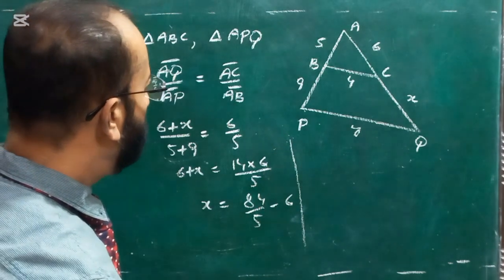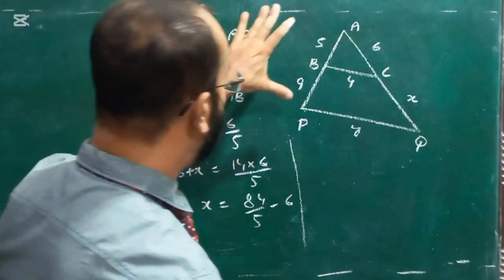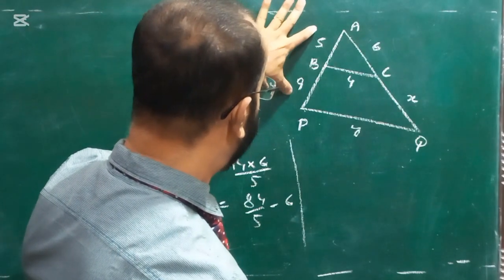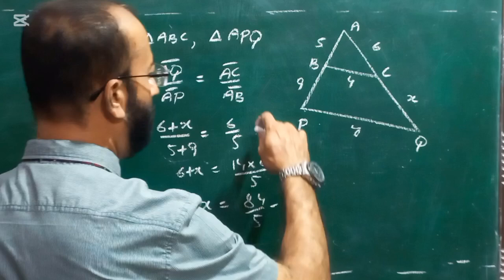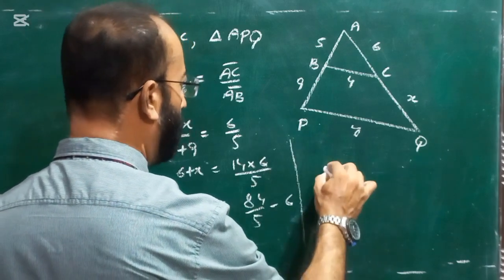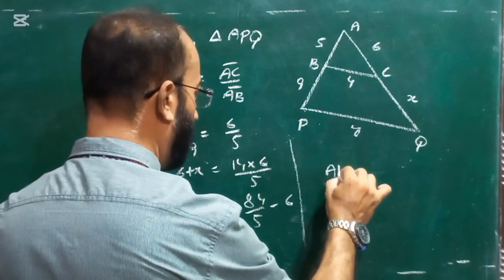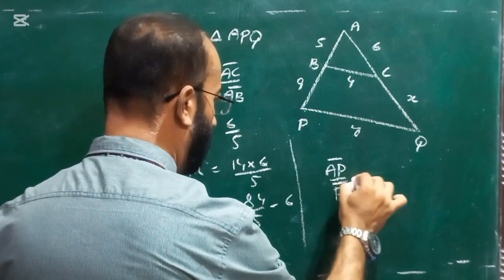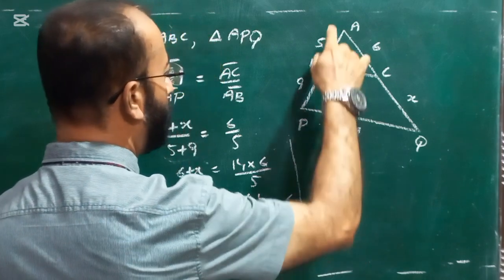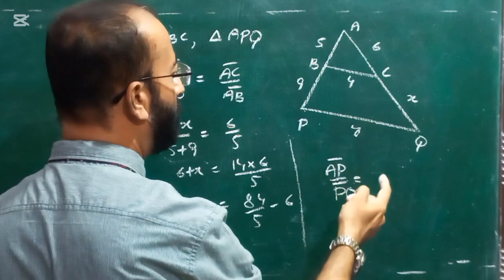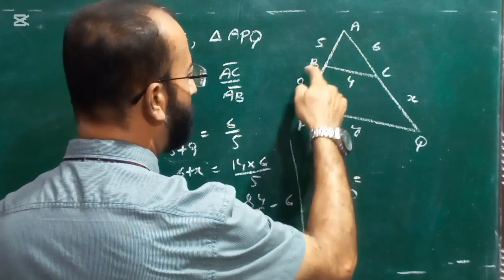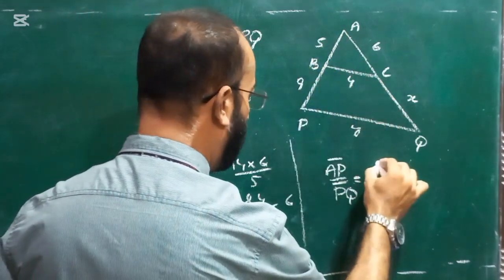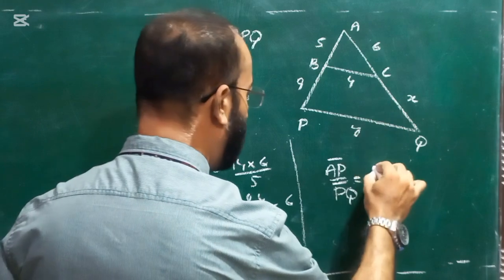Further now, if we are moving in the bigger triangle from left to bottom, that is AP over PQ. So left to bottom. In the smaller triangle, we have to follow the same pattern, that is from left to bottom, that is AB over BC.